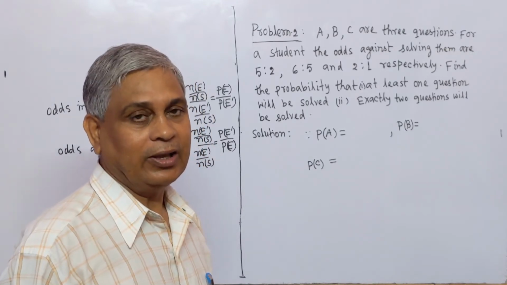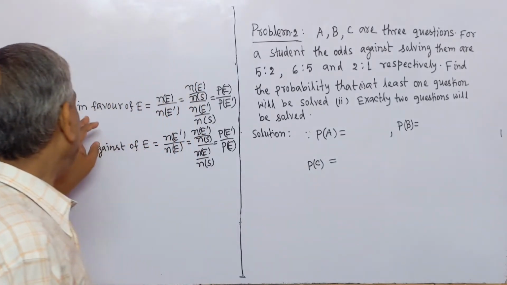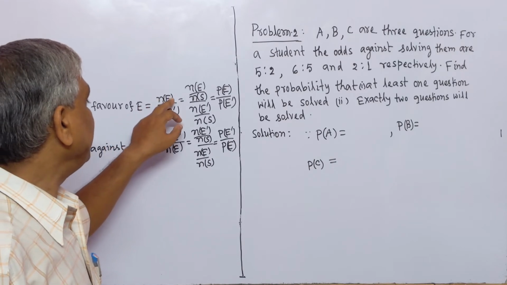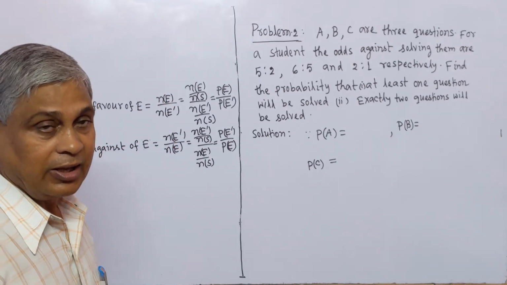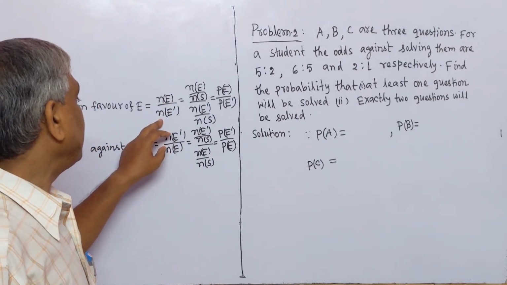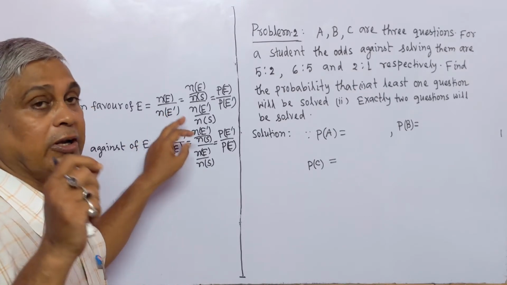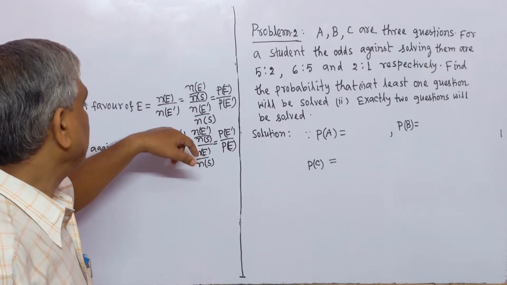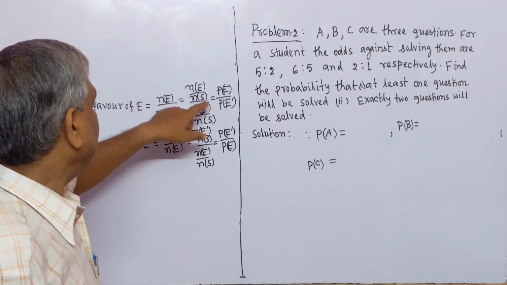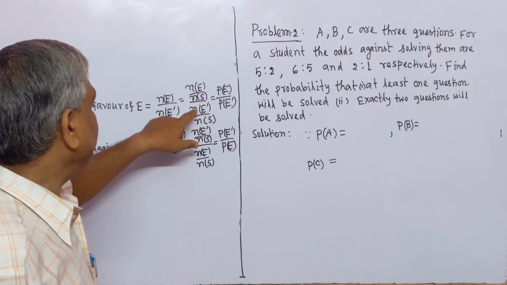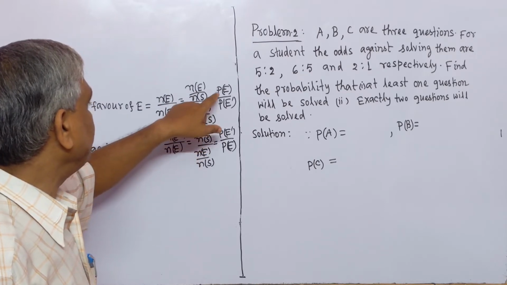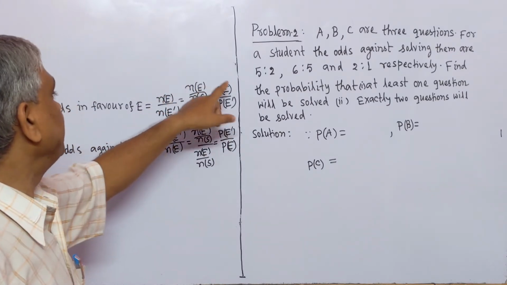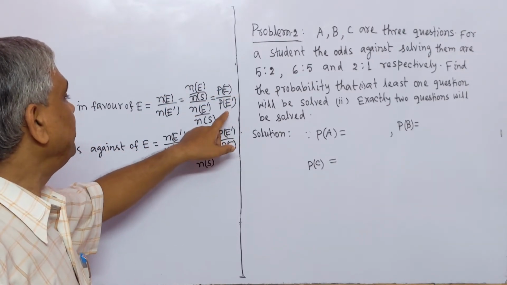of event E. We know that odds in favor of event E equal the number of elements in event E divided by the number of elements of the complement of E. If we divide both by NS, NE by NS by NE prime by NS equal to PE by PE prime. This is odds in favor of E, PE by PE prime.